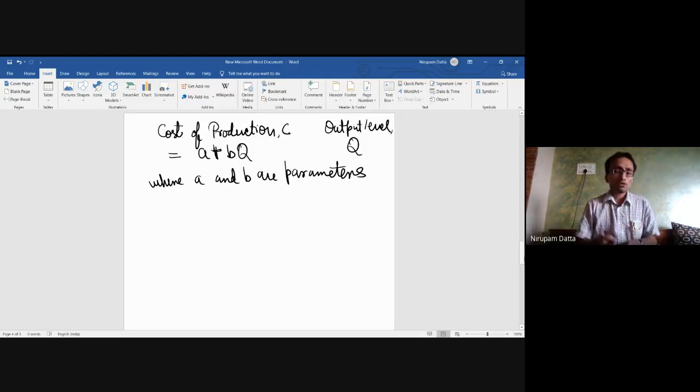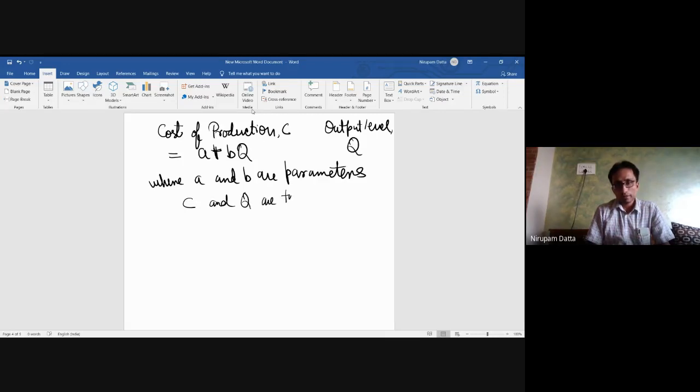That means cost of production is not determining the output level; it is the change in output level that determines the change in the cost of production variable. So in this case there are two variables, C and Q.